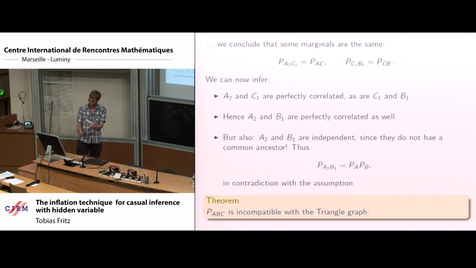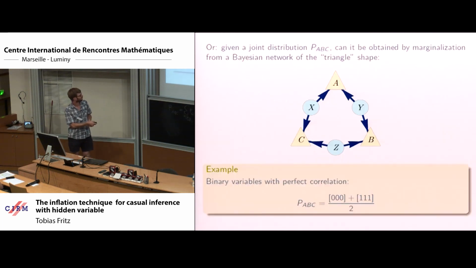A perfect correlation is transitive, so that also implies that A and B are perfectly correlated. But this is in contradiction with this independence. And this is a simple way to show that the joint distribution we were starting out with is incompatible with this triangle causal structure.